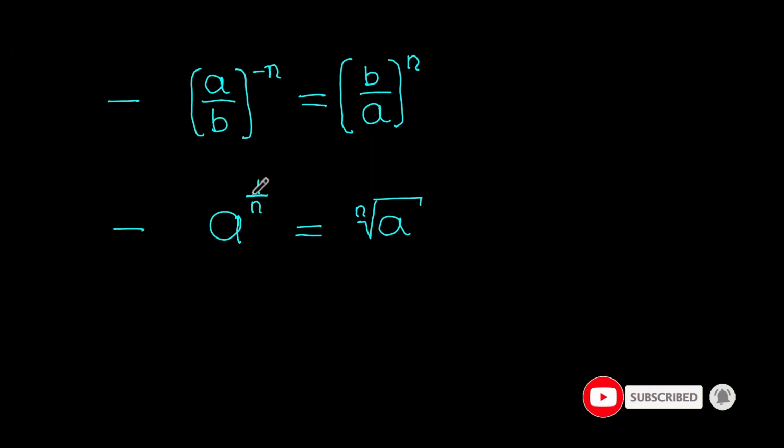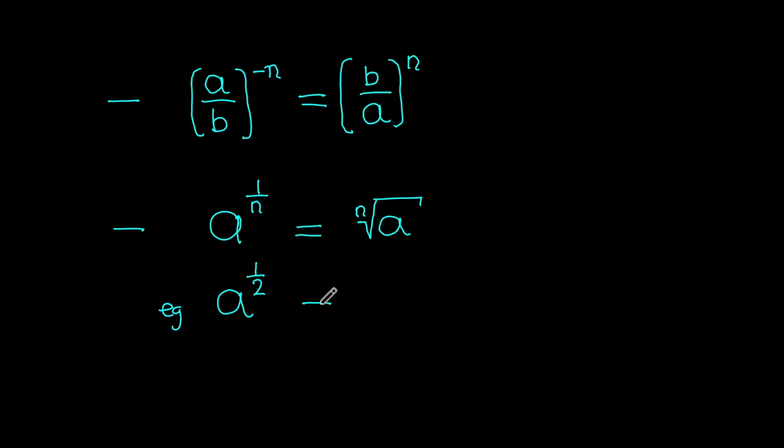Now if this number is more than 1, then the whole thing will be raised to that number. Now let me categorize this, assuming n is equal to 2. The lowest one is 2. If I have e.g. 1 over my n, which is 2, this will be equivalent to the square root of a. For square root, we normally don't write our n, which is 2, here.